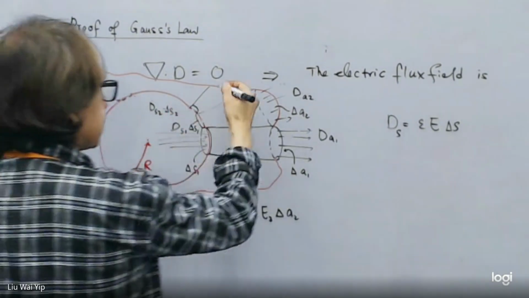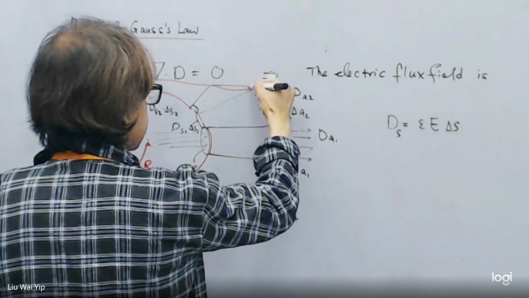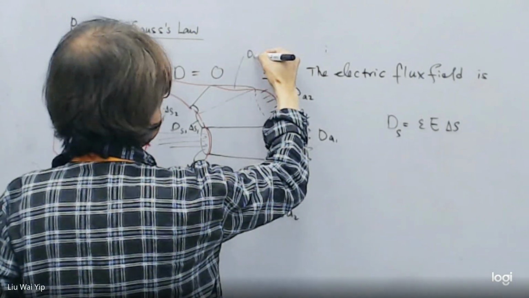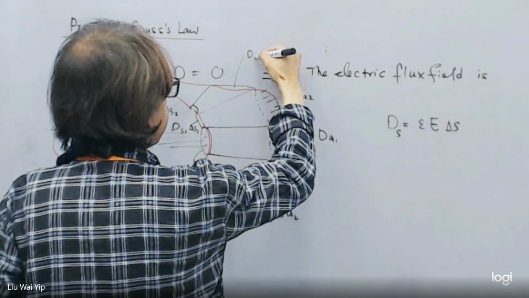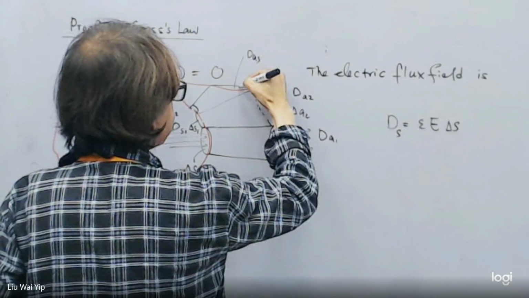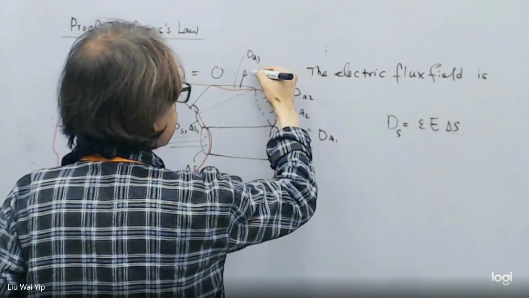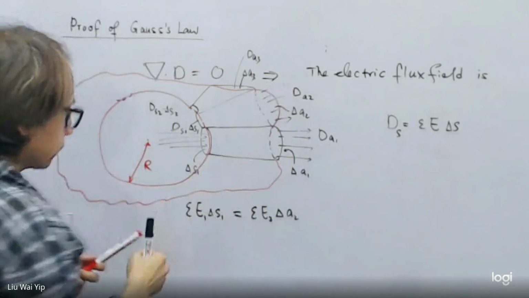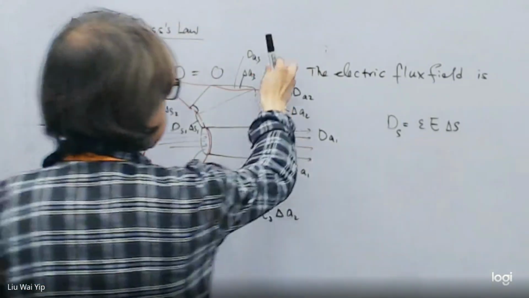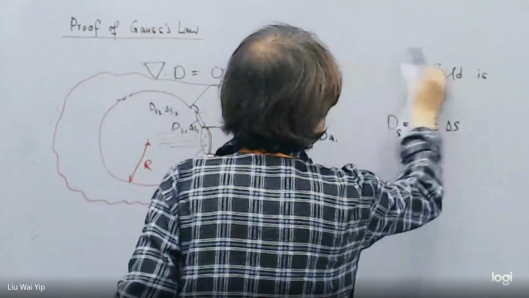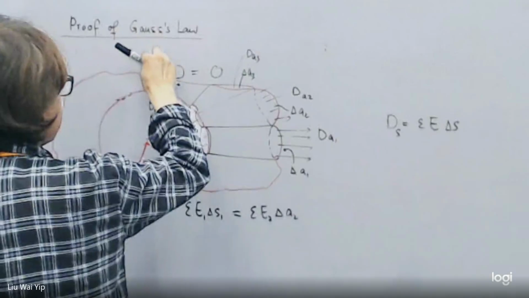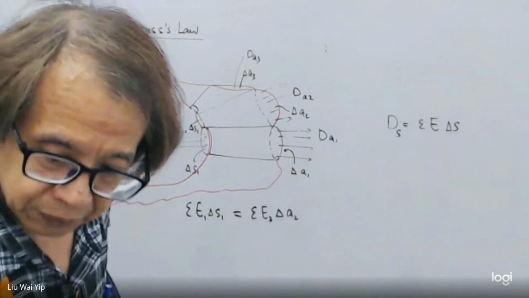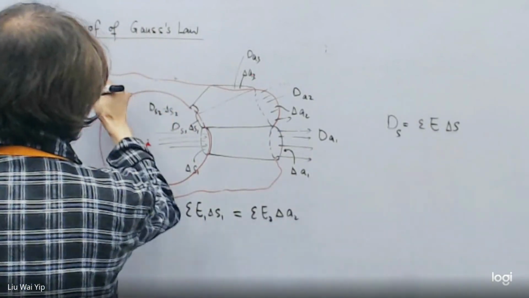So the flux here is DA3, and the area here is delta A3. So I'm going to cross out this unwanted text here. It's not unwanted, but it's just confusing.